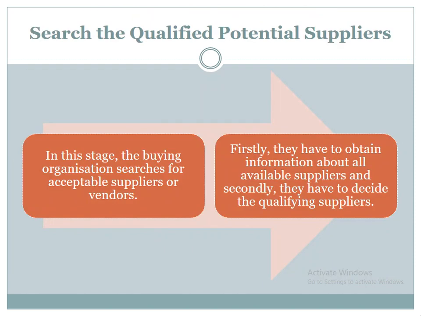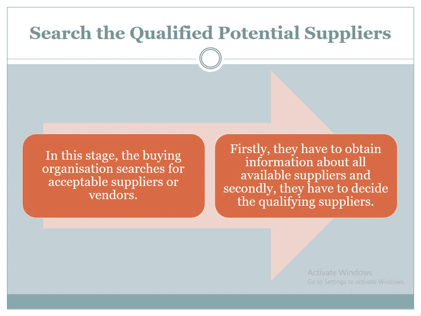Then we will talk about the next stage, that is, the search for qualified potential suppliers. In this particular stage, the buying organization searches for acceptable suppliers or vendors. Firstly, they have to obtain the information about all available suppliers.